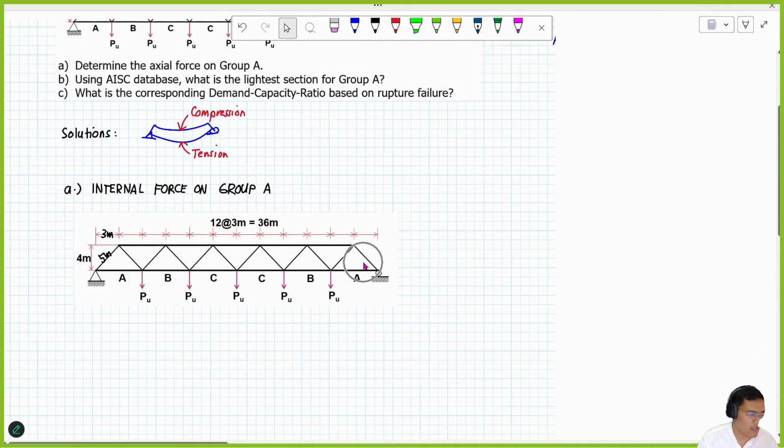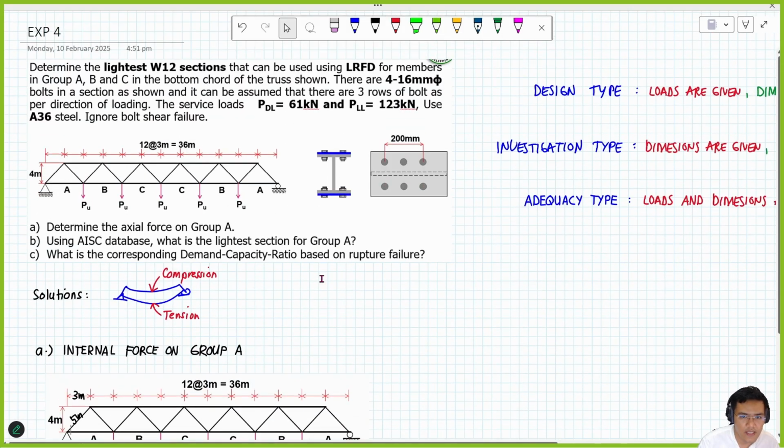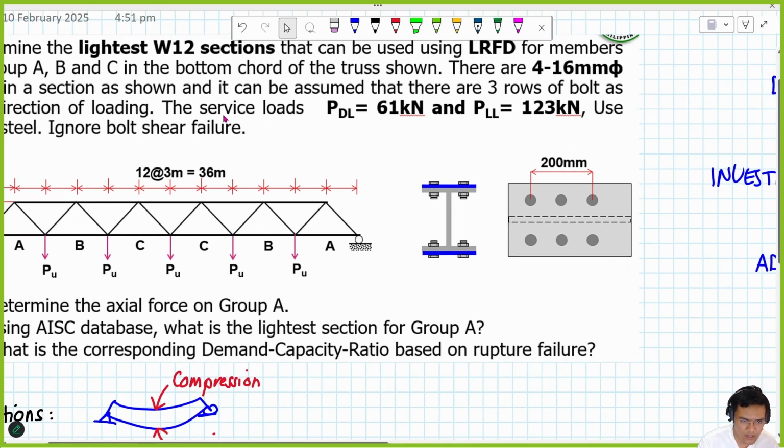Sige. And then since yung given sa problem is service load, we understand what service load means. It means unfactored yung ating load. So yung concentrated load due to dead load is 61 and yung concentrated load at this location is due to live load naman is 123 kilonewton.